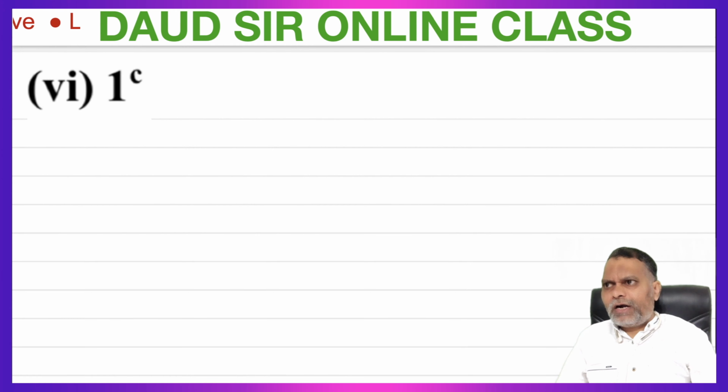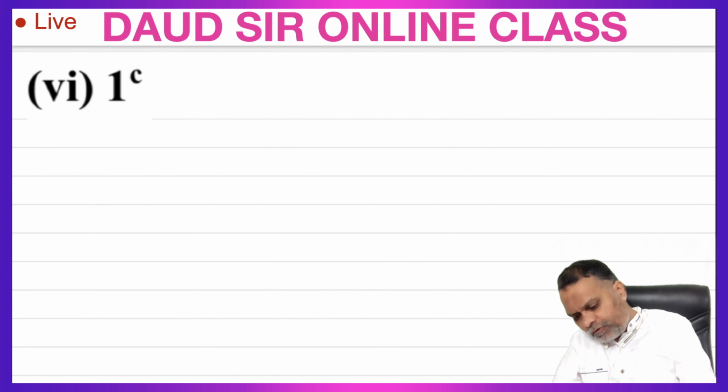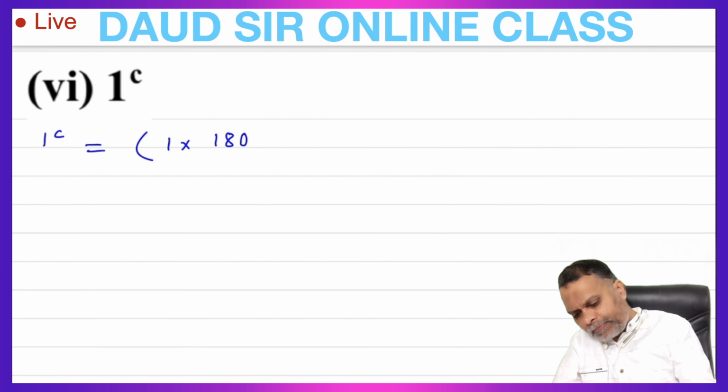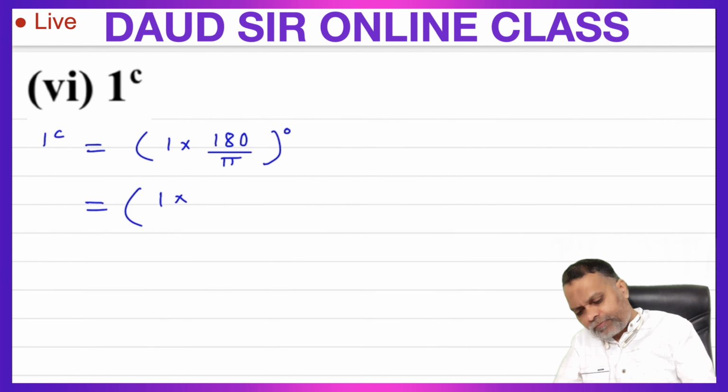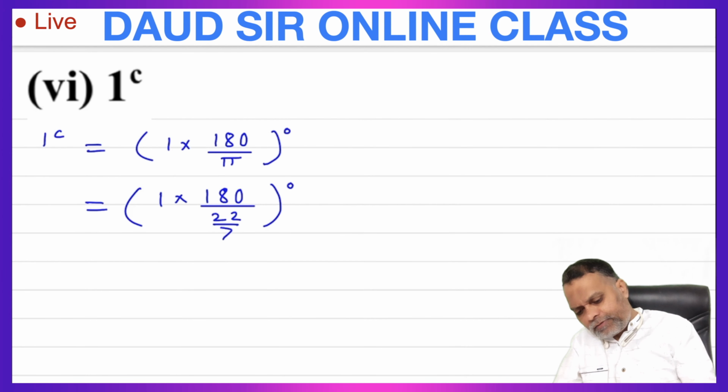Question number 1, part 6. 1 radian is equal to 1 into 180 by pi degree. Put pi is equal to 22 upon 7. So 1 into 180 upon 22 upon 7 degree.